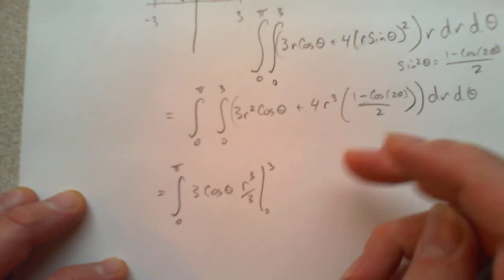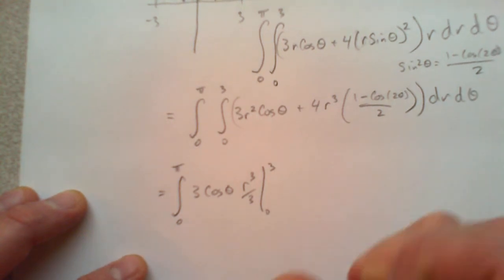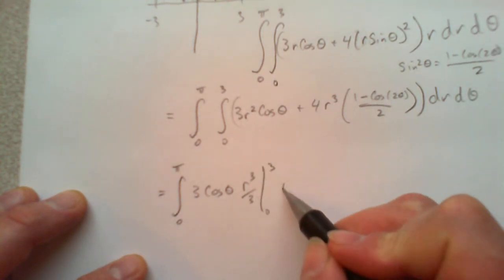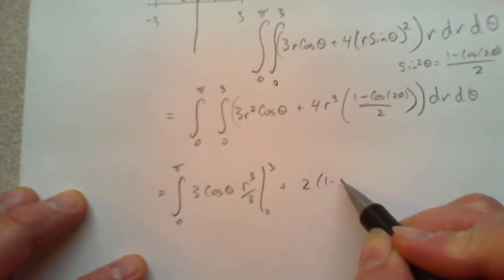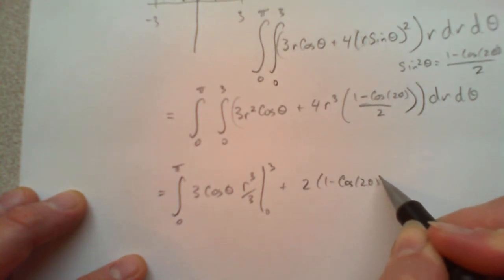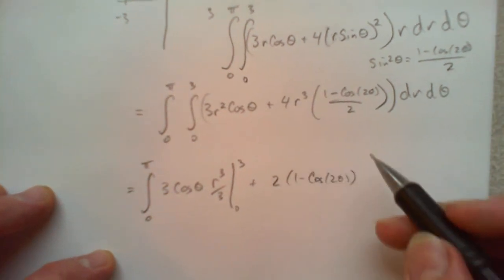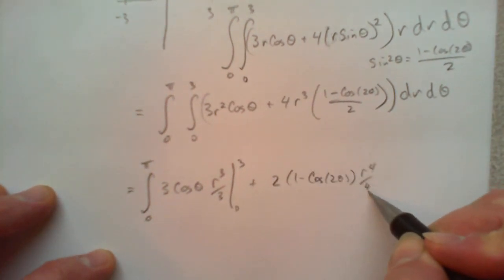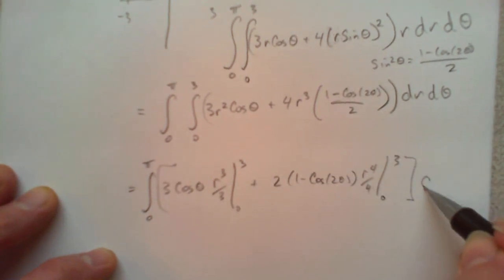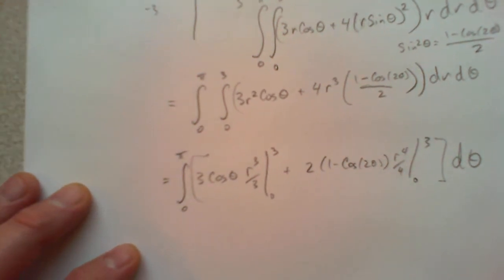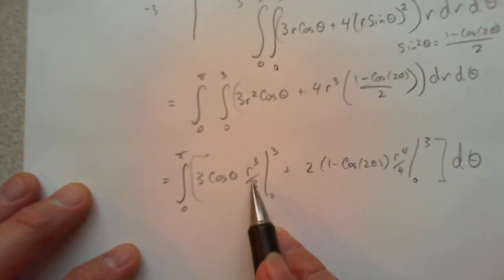Now plus, that's going to be 2 times 1 minus cosine of 2 theta, r to the 4th over 4 from 0 to 3. Then after all this gets done, I still have to do d theta on this. Luckily the lower limit is 0, so when you evaluate it at that, it's going to be 0.